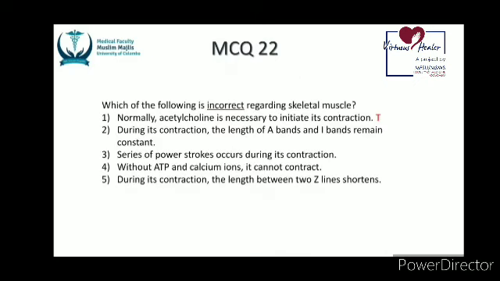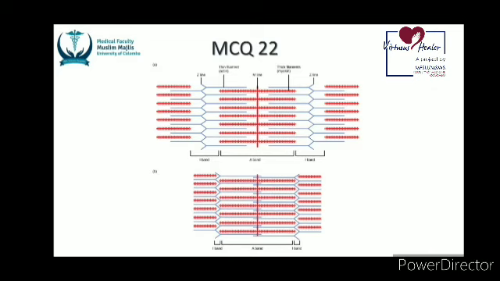Statement number 2. During its contraction, the length of A bands and I bands remain constant. Now let's have a look at what happens to the sarcomere before and after muscle contraction. In this diagram, the thin blue color lines represent the thin filaments while the red color lines represent the thick filaments. During muscle contraction, the thin filaments slide over the thick filaments.